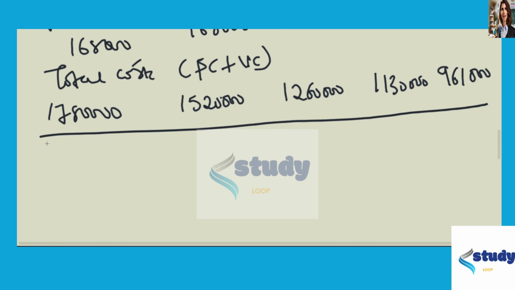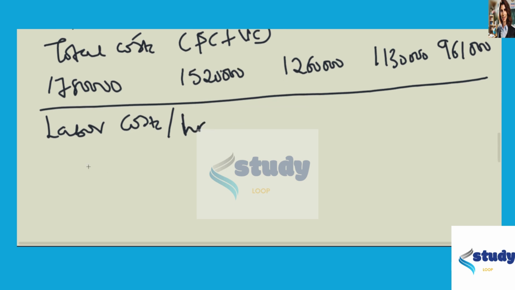And then we have the labor cost per hour, which is 16, 17, 18, 19, and 20.